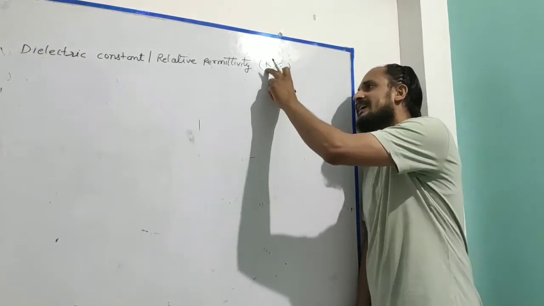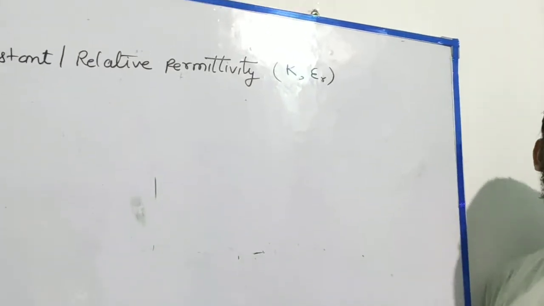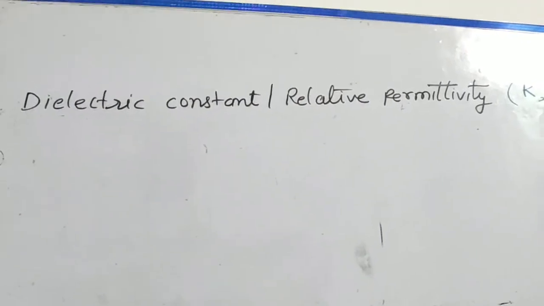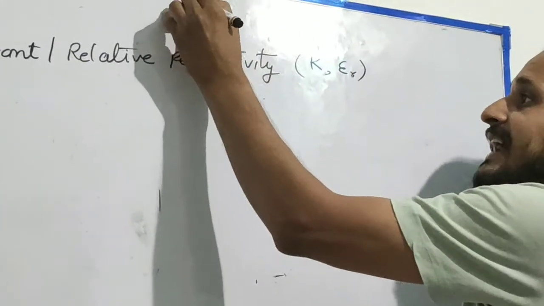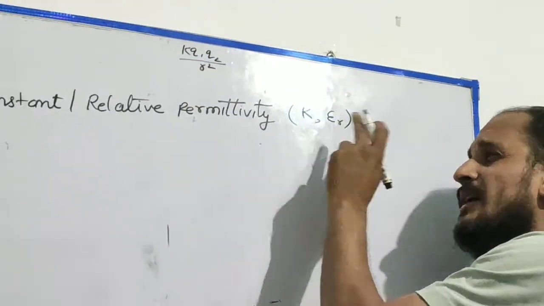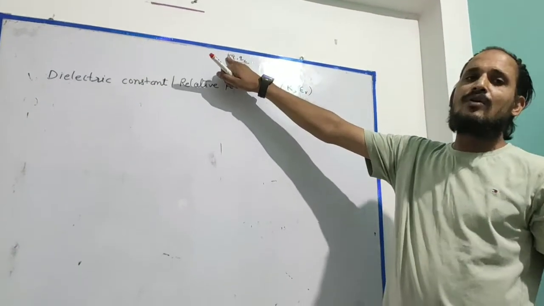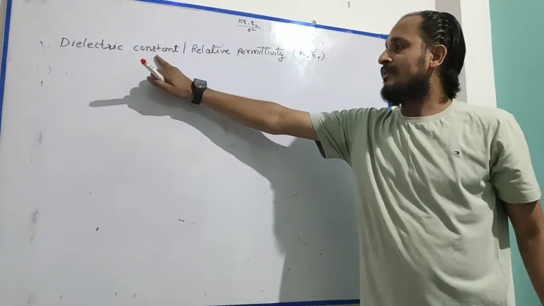But if you put K, you may become confused because earlier you have used K for what? Electrostatic force constant in the relation k q1 q2 upon r square, if you remember. That K and this K are both different. Remember, that was the electrostatic force constant and here K is the dielectric constant.